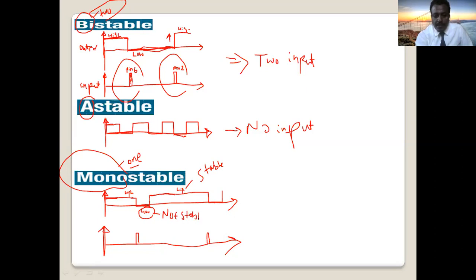What does it mean? After some period of time, without applying any input here, it changes that state. That's why it's not stable. So how many states are stable in this case? 1 state. That's why it's called monostable. Okay? Mono means 1. So let me show you.